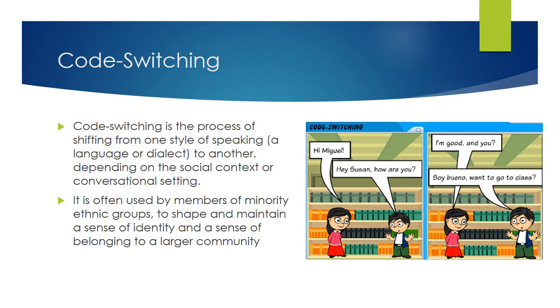And this code switching occurs often in minority communities. In the same way that, for example, when you are out with friends and you meet somebody new and you see that everybody responds to them in a very specific way, you're going to switch your behavior to match theirs, to mirror theirs. So we switch in our own way, as well as in language.